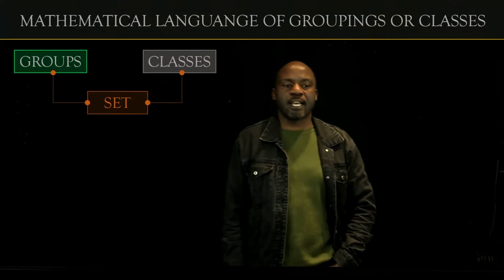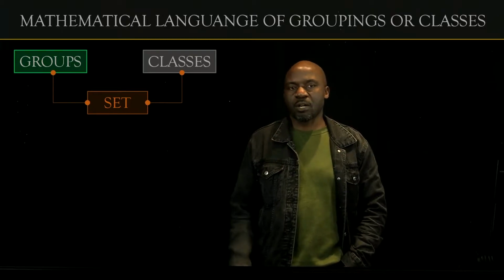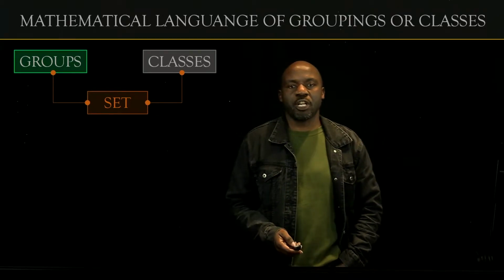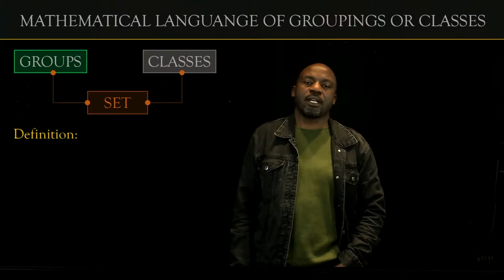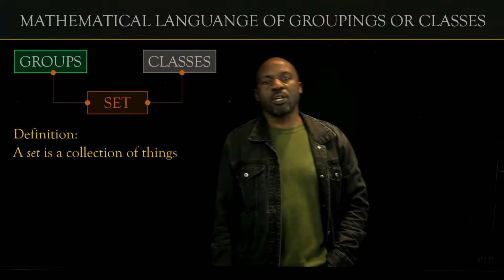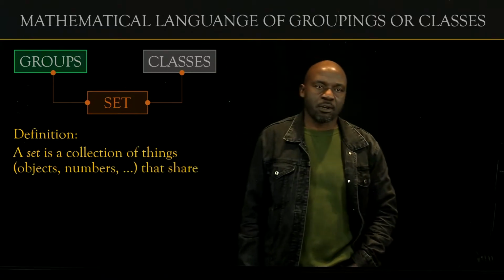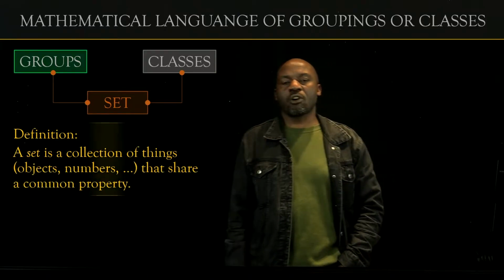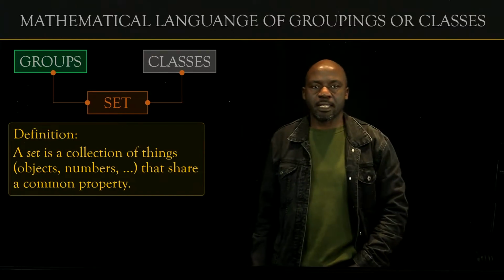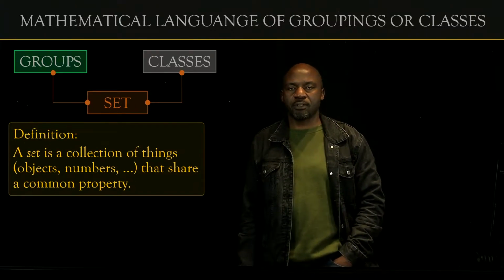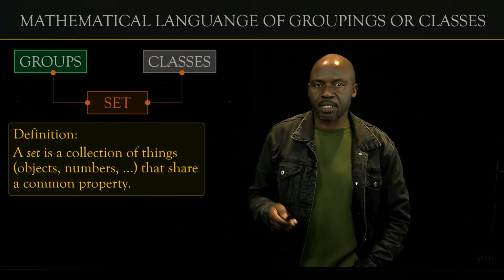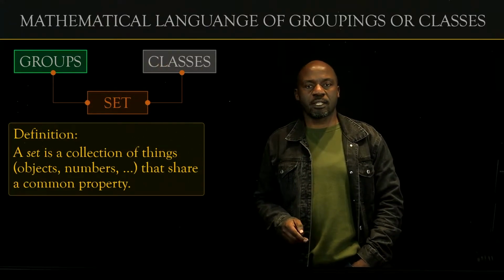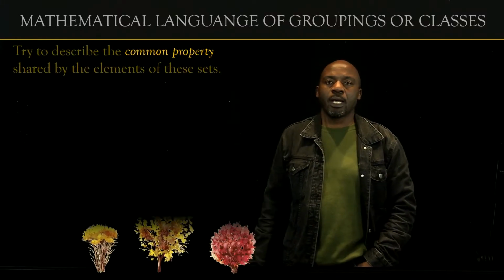So a set of numbers refers to a group of numbers that share a certain property. By definition, a set is a collection of things, usually numbers or objects, that share a common property, okay? That is how we define a set. So in mathematics, we will not say a group of numbers or class of numbers, we will say a set of numbers, okay?